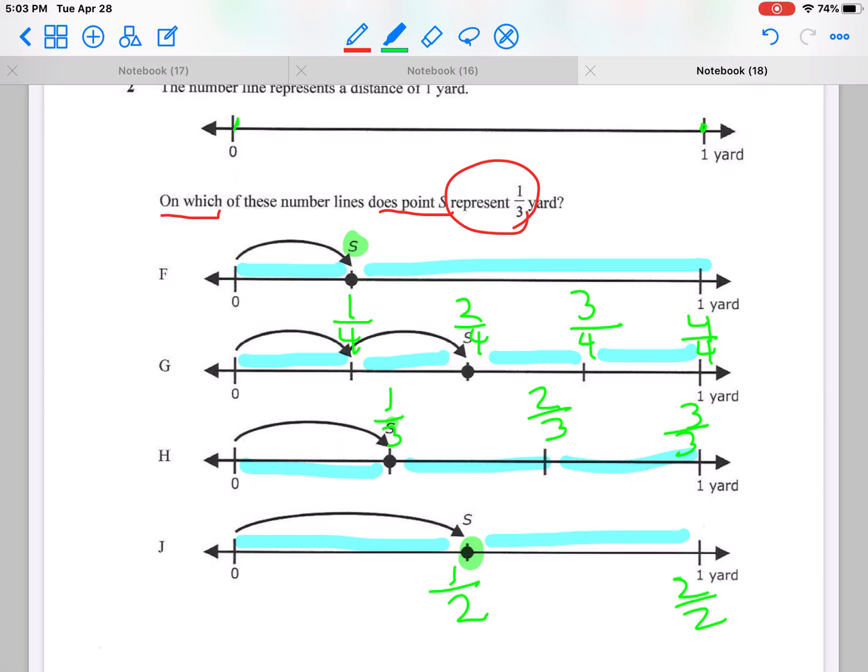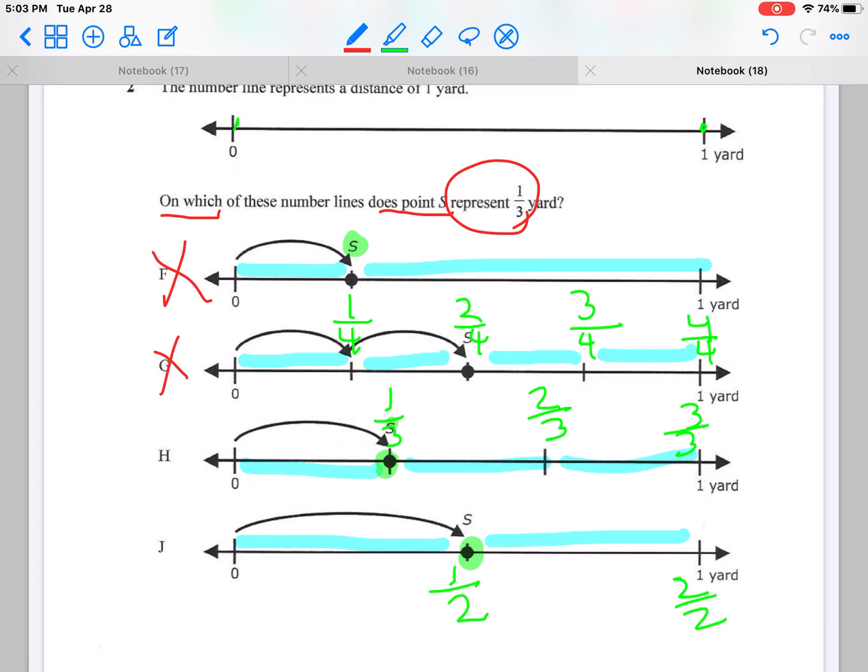So in letter F, letter S represents 1/4. Is that what I'm looking for? No. In letter G, letter S represents 2 out of 4. Is that what I'm looking for? No.